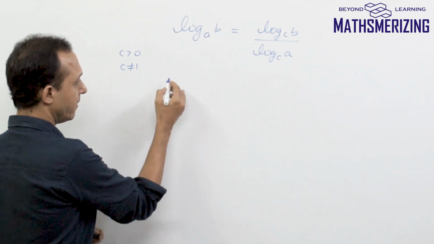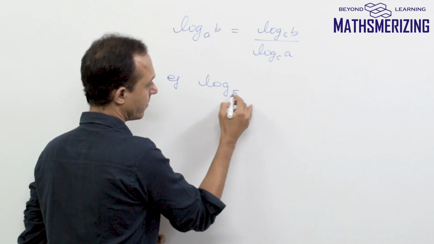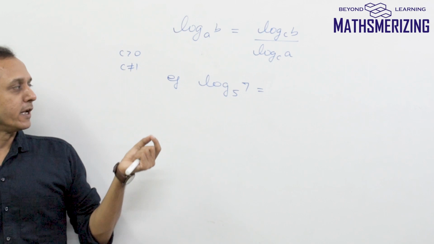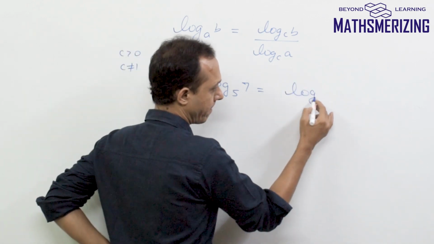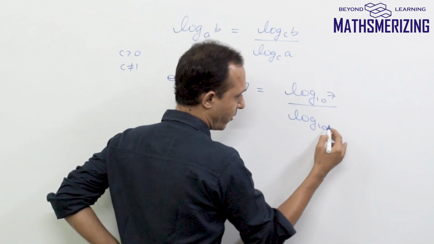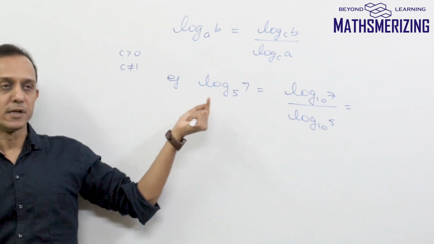Now say for example I have log 7 base 5. Suppose I want to change it to base maybe 10. So I can write it as log 7 base 10 upon log 5 base 10. Suppose someone else wants to change it to base e.